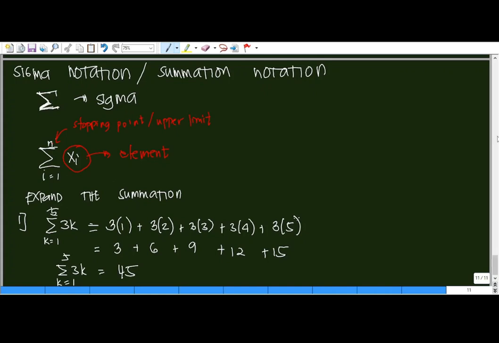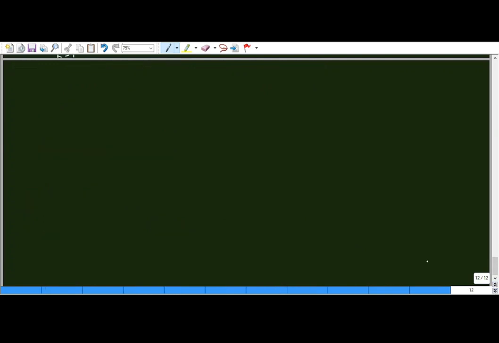Let's have another example. Still under sigma notation, let's have example number 2. What if the sum of 2y plus 1, wherein y is equal to 0, and your upper limit is 5.